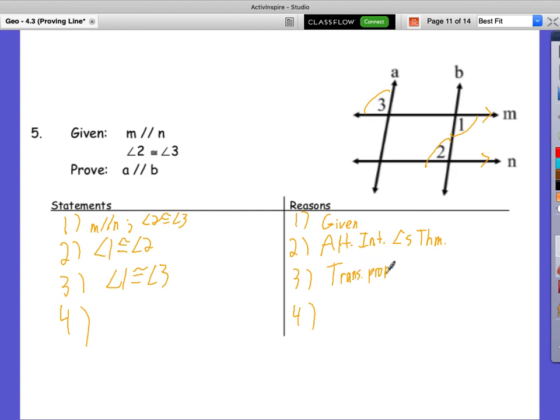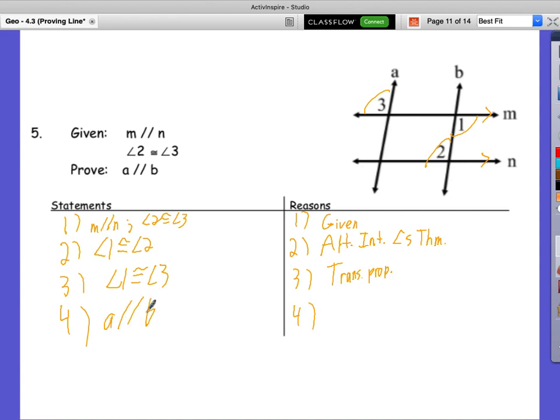Transitive is when two angles are congruent to the same angle. So 3 and 1 are congruent to 2, so they're congruent to each other. Yeah, cut out the middle one. Or you can also call it substitution and just say you substituted 2 for 3 or 1 for 2. So now, if we know these angles are congruent, can we say these two lines are parallel? Yeah. How?